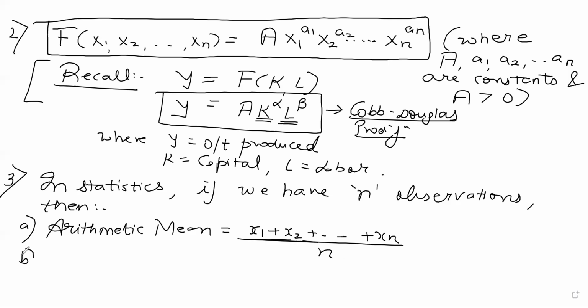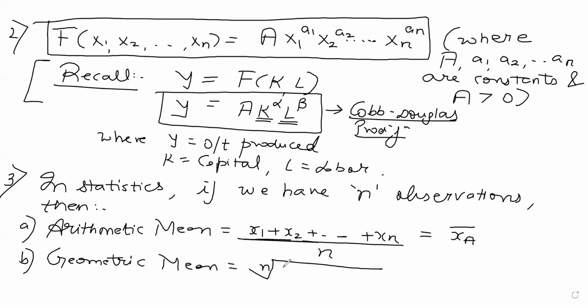How do we find the geometric mean? Again, you have learned this in basic statistics in high school. Arithmetic mean, I can write as x a bar, which is nothing but x1 plus x2 plus xn divided by n. Geometric mean is nothing but the nth root of the product of all these observations, which is denoted xg bar.